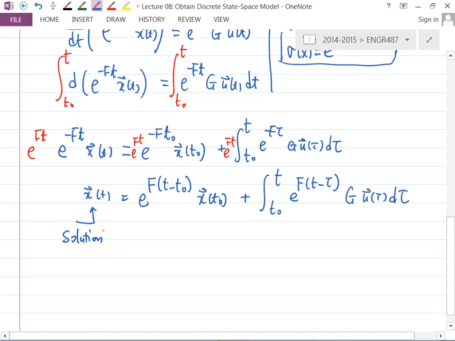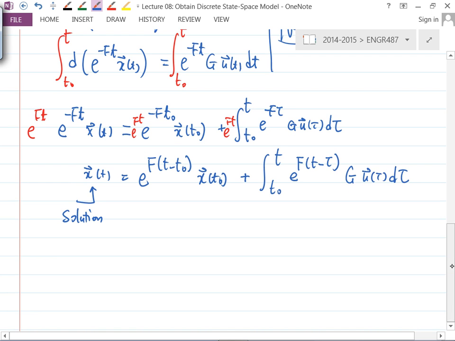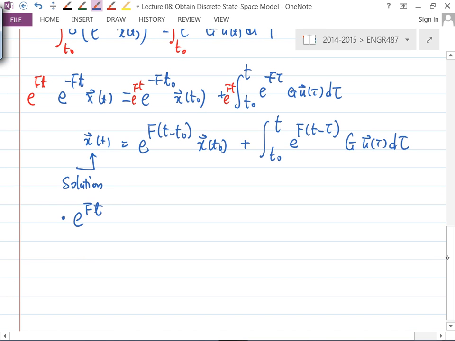Okay. So you have an initial condition for the state variables, then you plug it here. You're supposed to get a response like this based on this solution here. So in particular, this e to the power of Ft. If you remember, I said it's the exponential of a square matrix F right here.